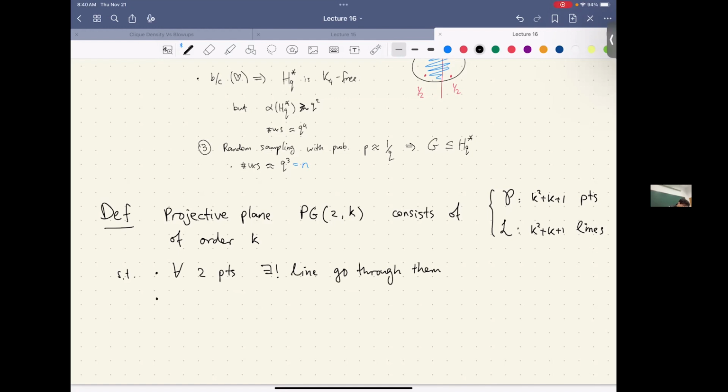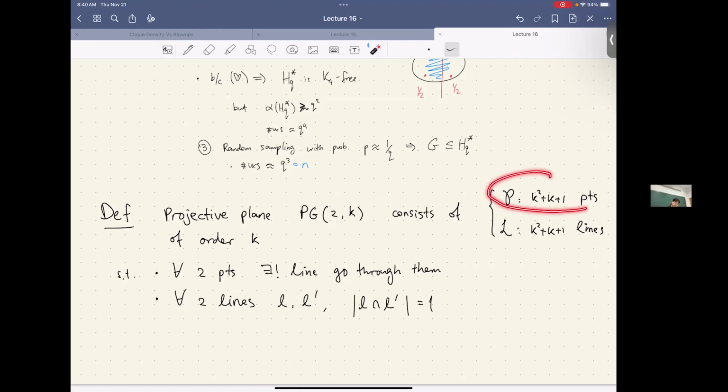And vice versa, for every 2 lines, they intersect at exactly 1 point. For any 2 lines L and L prime, L intersect L prime is 1 point, and this intersection is a point in P. Okay? Some point and line structure.